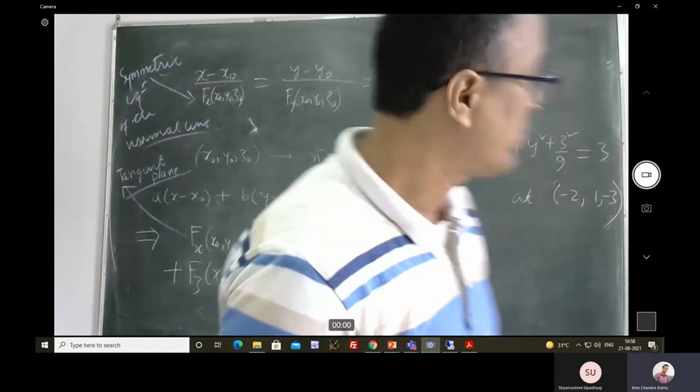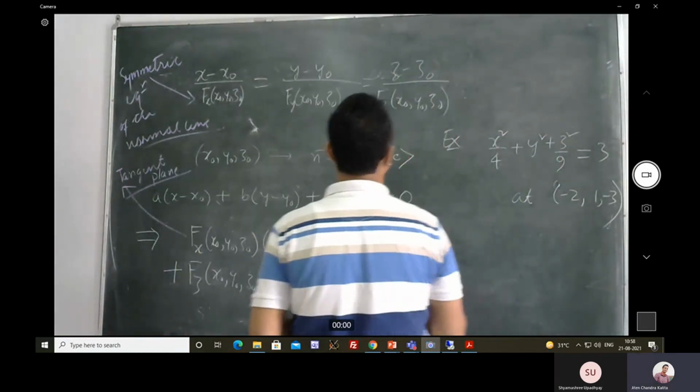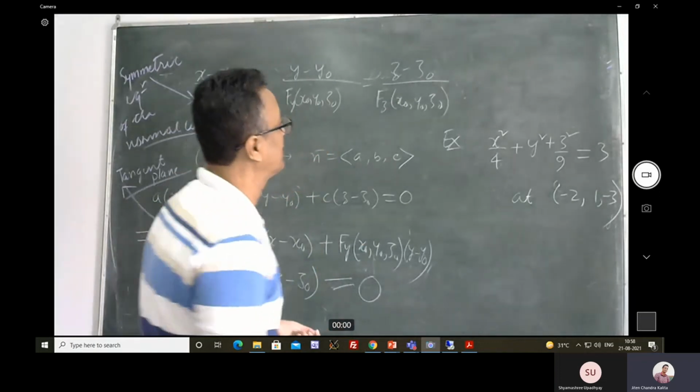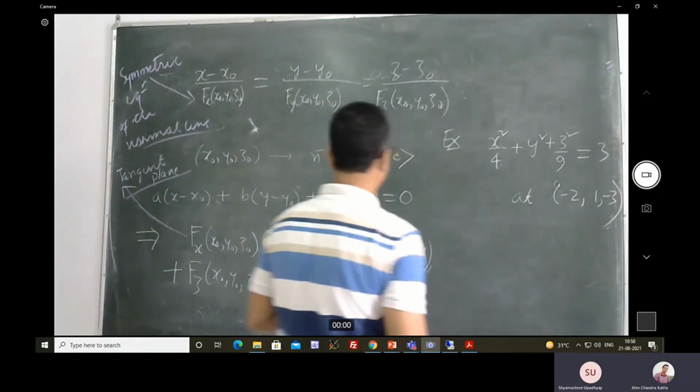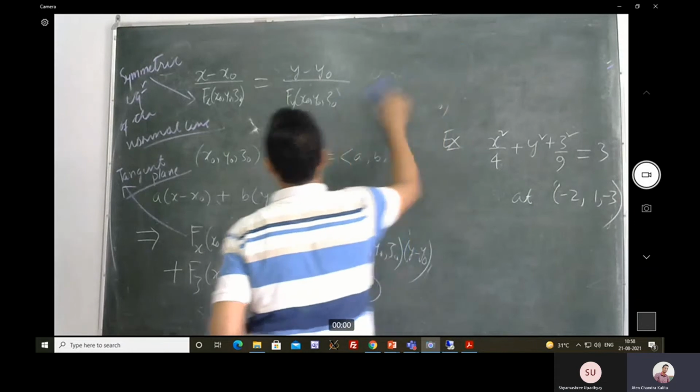Can you recognize the shape of this surface? This is an ellipsoid. Yes, this is an ellipsoid.